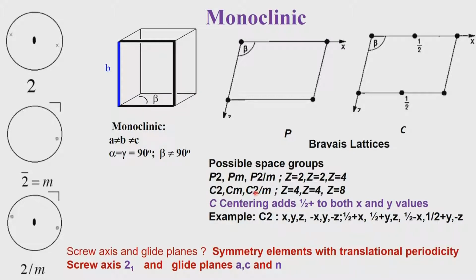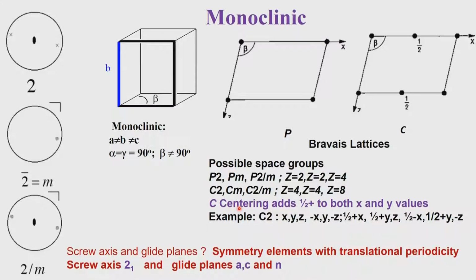C2 by m. It so happens that when we have to generate the C centering lattice, what we have to do is to every x, y, z we add a half plus x and a half plus y, considering that it is C centered, that is the C direction is centered. If the A direction is centered, then you add half to y and also half to z. If B's direction is centered, then you add half to x and half to z.